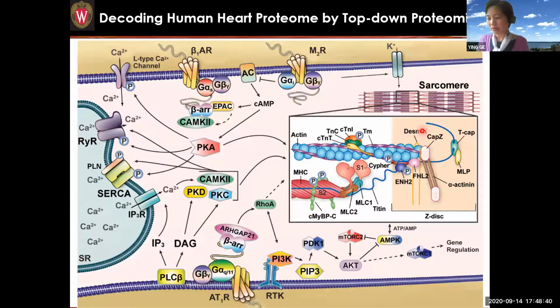So while we hope to decode the human heart proteome by top-down proteomics, we have developed a good method for the sarcomere. So now we are interested in membrane proteins because we now have the Azo. Some of my students are studying the receptors, and we are also interested in the kinases and phosphatases.